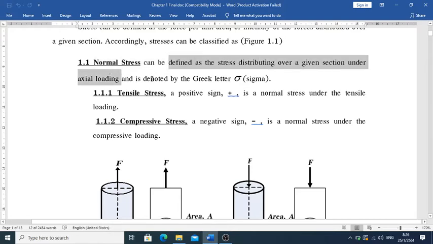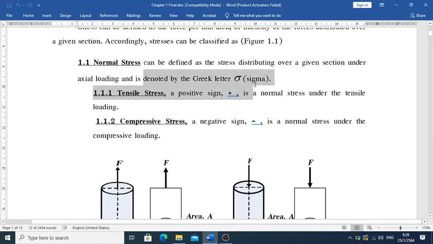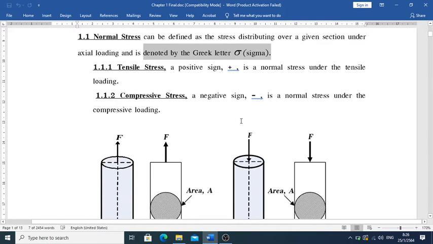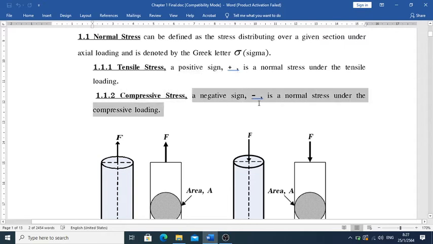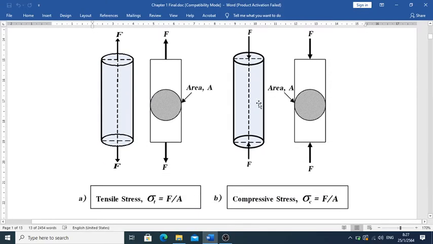It is denoted by the Greek letter sigma, and it is classified as tensile, which is positive, and compressive, which is negative, respectively. We'll show you on figures A and B.